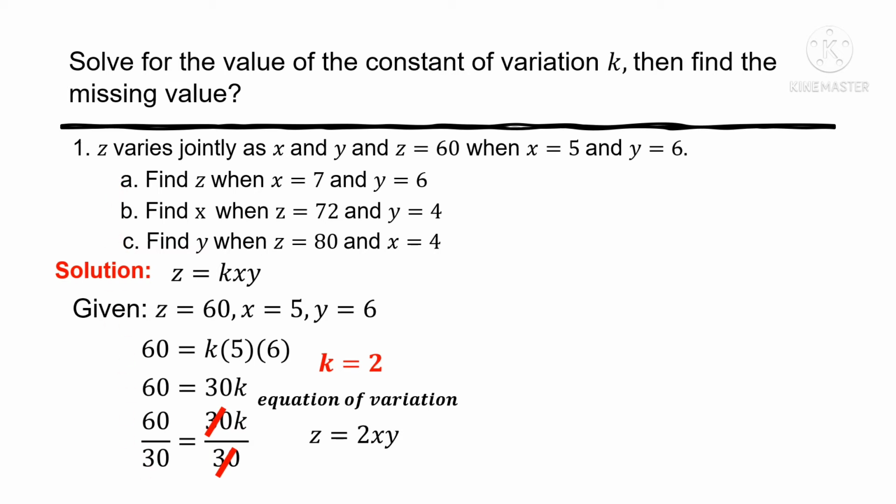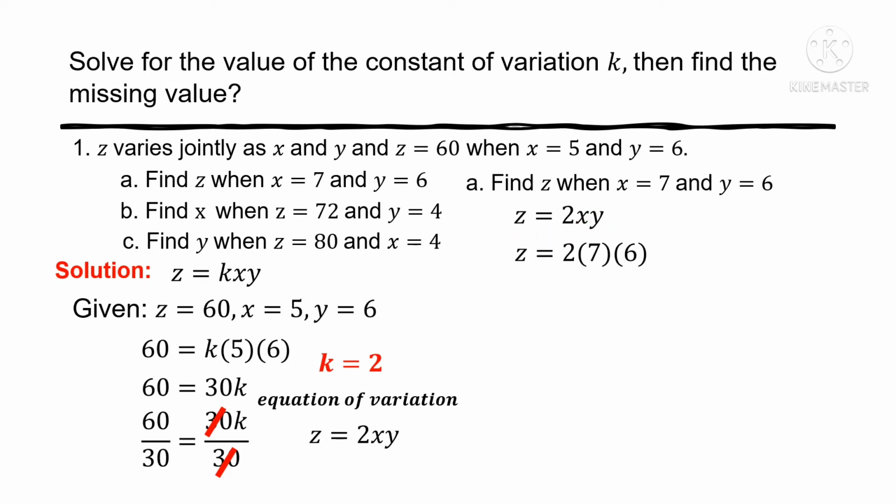Okay, so let's start with letter A. Find Z when x is equal to 7 and y equals 6. So ito yung gagamitin nating formula or equation of variation. So all we have to do is to substitute this 7 as the value of x and 6 as the value of y dito sa formulang ito or equation of variation.